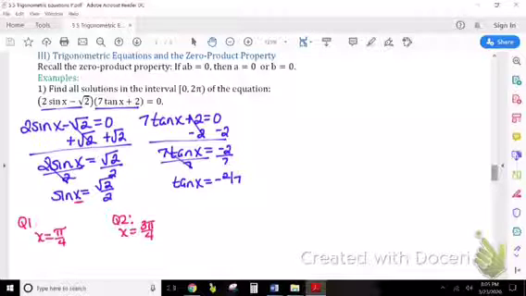Alright, so tangent of x is equal to the negative 2/7. So tangent is negative. Remember, that's in quadrants 2 and quadrant 4. Now, in order to find tangent of x equal to negative 2/7, negative 2/7 is not going to be on our unit circle. We don't have anything that has a 7 in it on there.